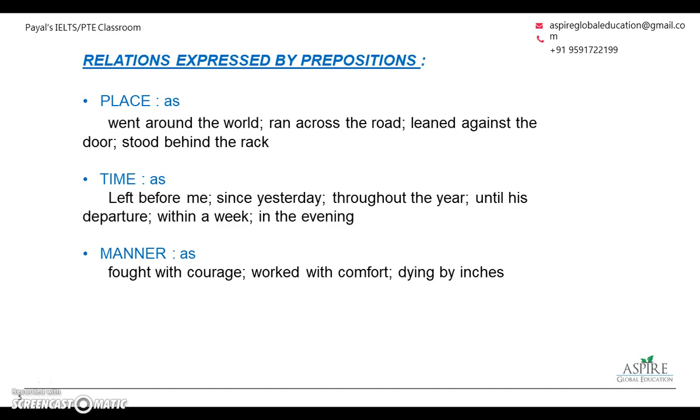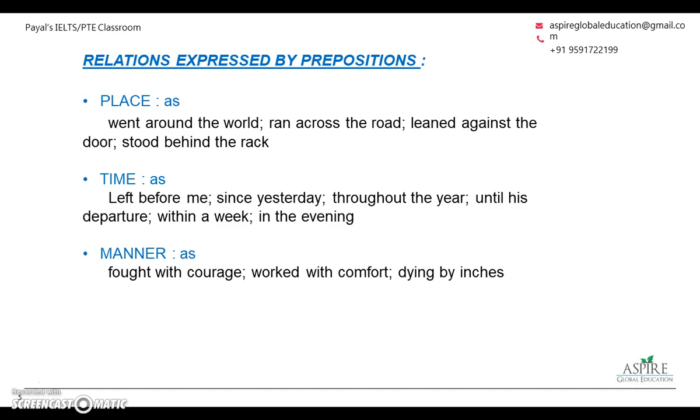So whenever we are trying to ask ourselves the place, we always ask the question where, and the answer to that where gives me my parts of speech, be it adverb or preposition, etc. Ran across the road. Where did he run? Across the road. Leaned against the door. Where did he lean? Against the door.